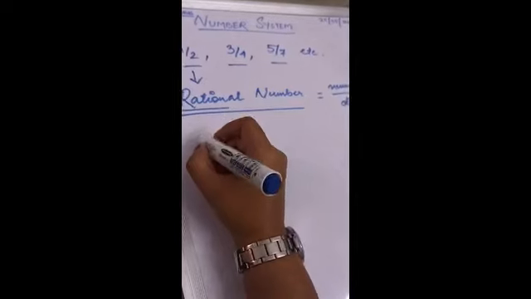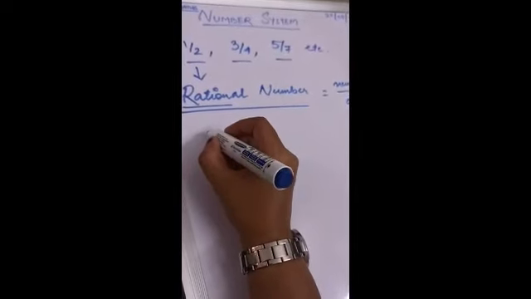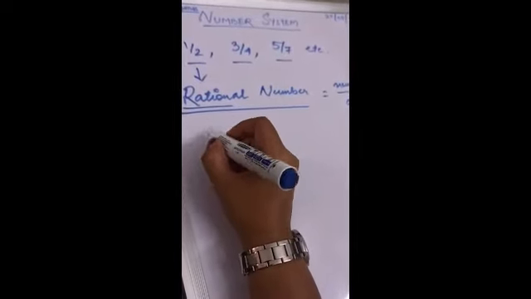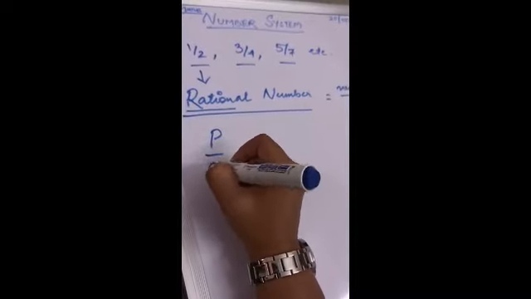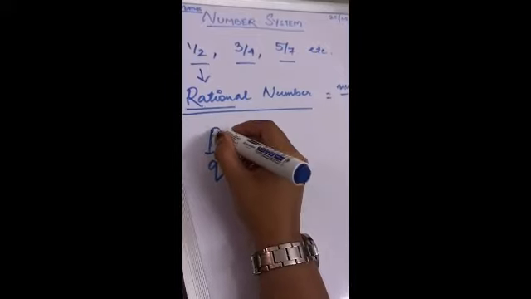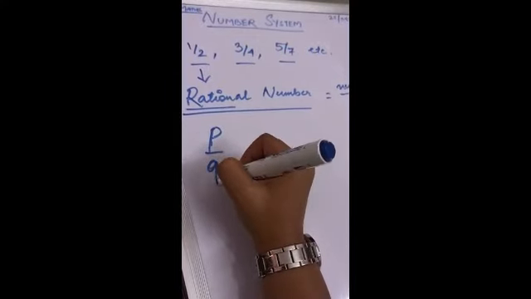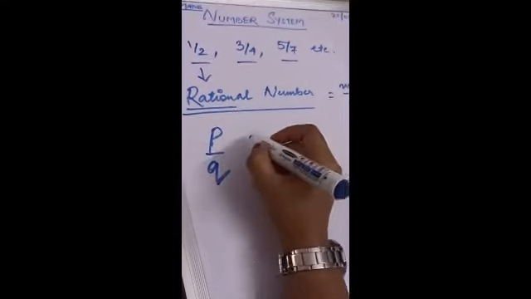Now see, if we want to represent a rational number, we represent it by P by Q, P representing the numerator and Q representing the denominator.